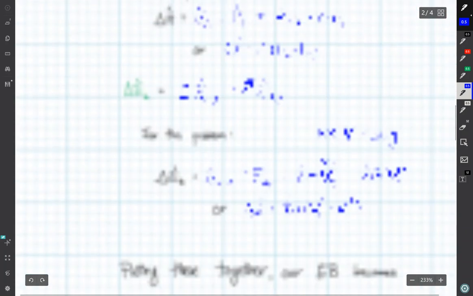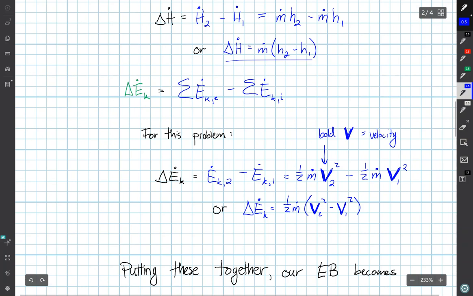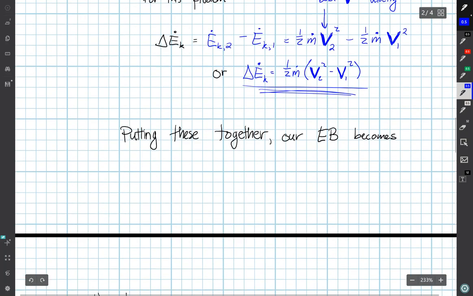So we have now our two different equations. We have this one up here and this one down here that we can now put together. So if we put those two equations together, our energy balance is m dot H2 minus H1. So that was the enthalpy term plus 1/2 m dot V2 squared minus V, make it bold, V1 squared is equal to 0.